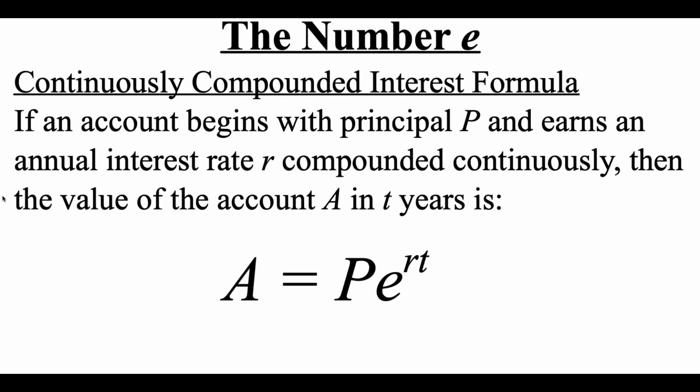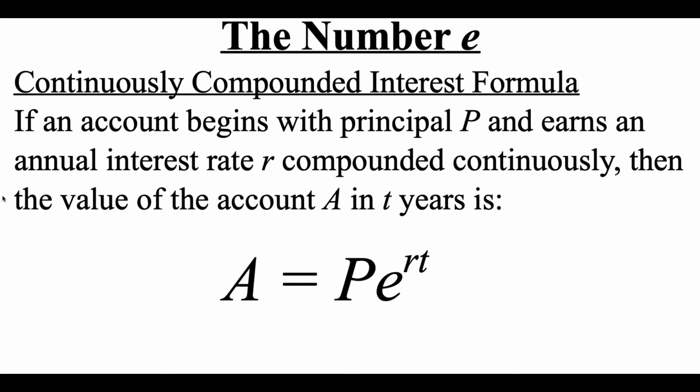Now, what we can do with e is doing something called continuously compounding. So we looked at compound interest where we did a certain number of compoundings per year. Annually was 1 time per year. Quarterly was 4 times. Monthly would be 12 times. But there's this thing called continuously compounding where your account is, like the name implies, just continuously gaining interest.